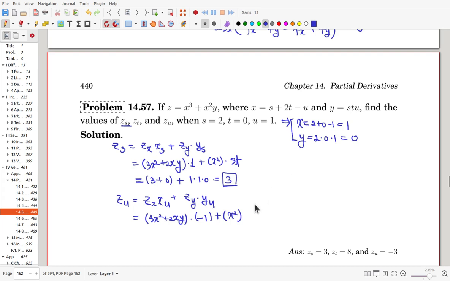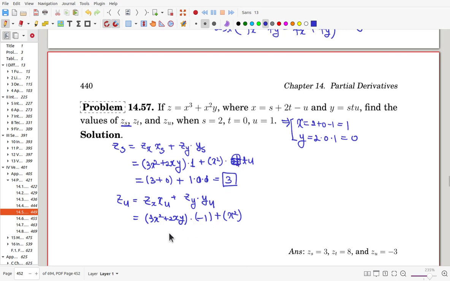Just a moment. It's the s derivative, so this portion must be tu, right? I'm sorry. It's the s derivative, then there must be tu, and again t and u are 0 and 1, so we have the same conclusion. That was a mistake.